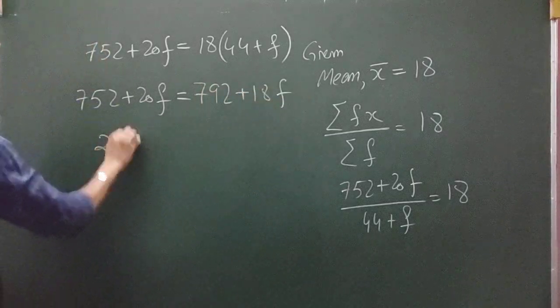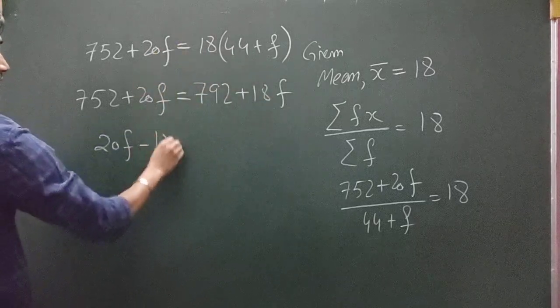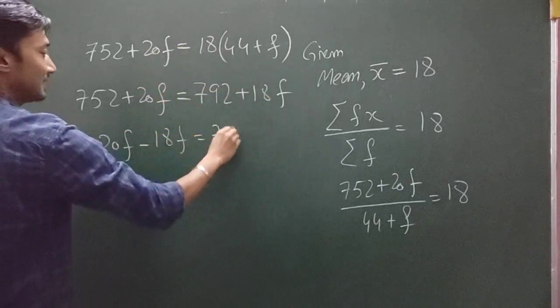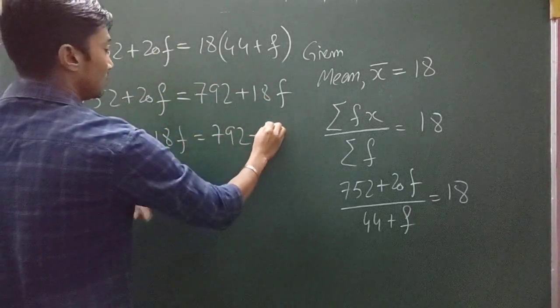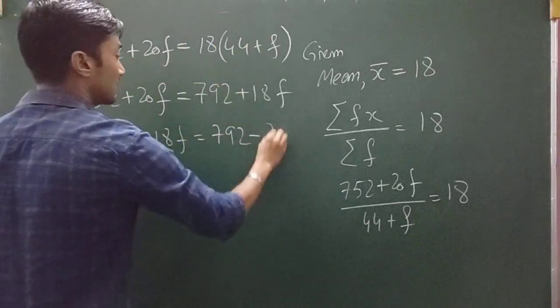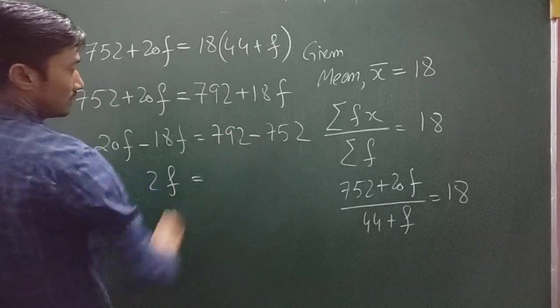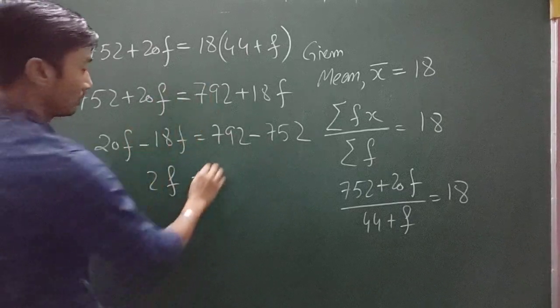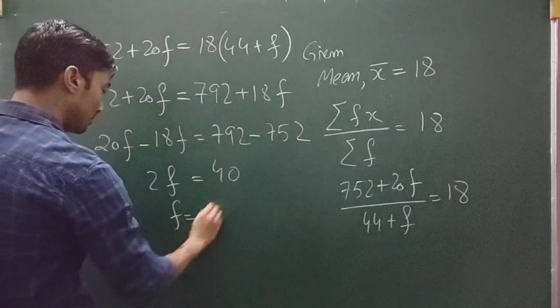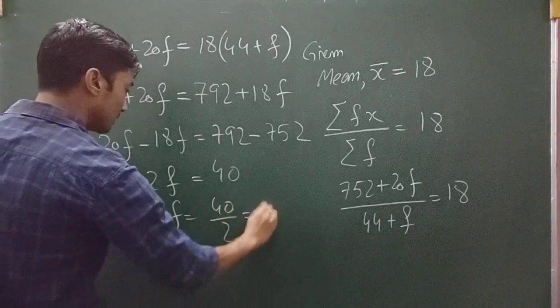Now 20F minus 18F, I'm bringing it to this side, and 792 I'm taking to the right, minus 752. So this is 2F is equal to 40. So F will be 40 divided by 2, that is 20.